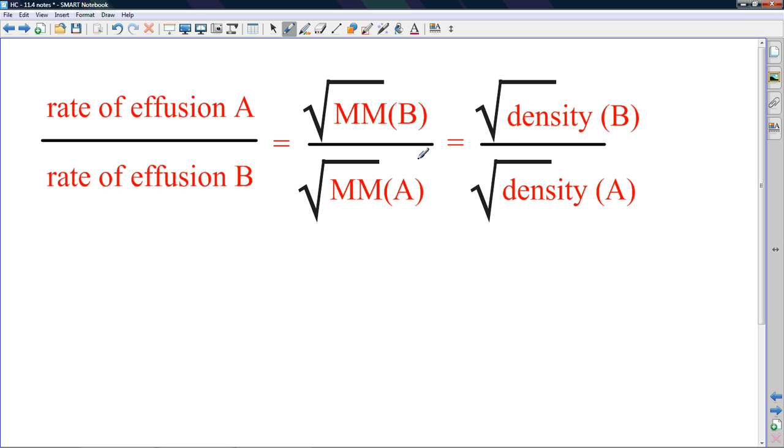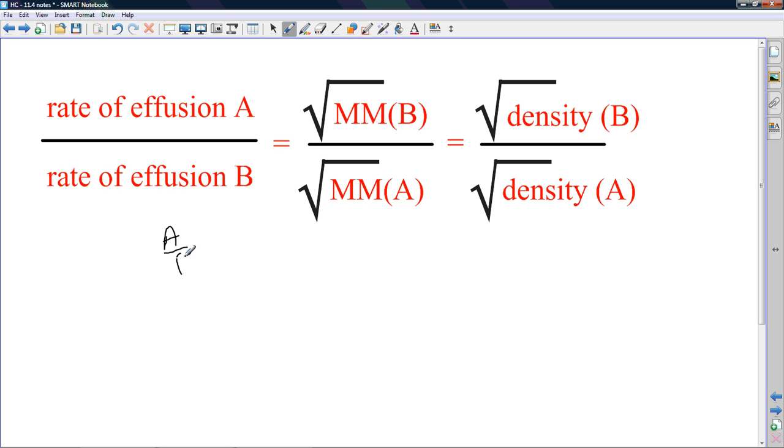Okay, we see that they're flipped. We also simply can do, again, since we're just comparing the rates as a ratio, the density of gas B over the density of gas A. Again, square roots. This is not an actual velocity or an actual speed, but it's just comparing them.